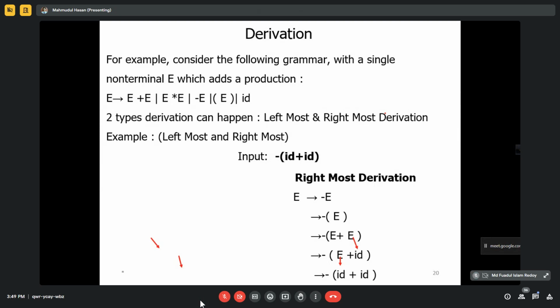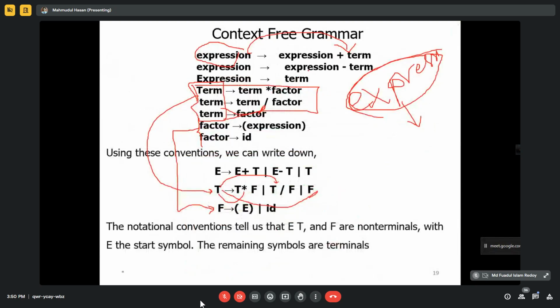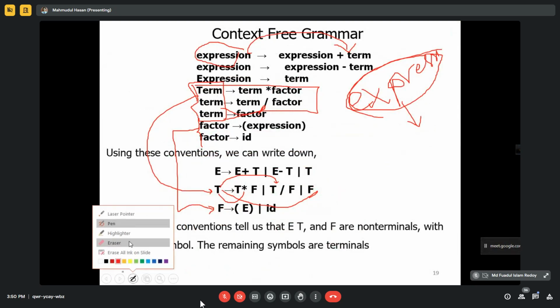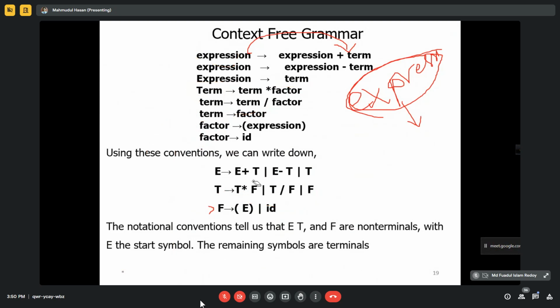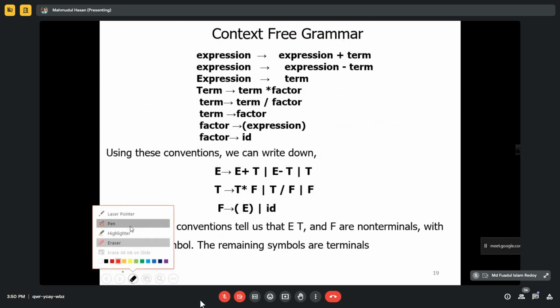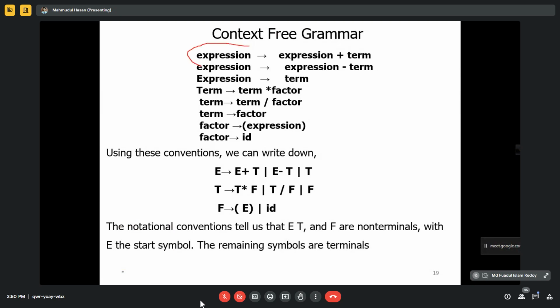So you can replace this non-terminal with a terminal or non-terminal, because you can go from non-terminal to terminal or non-terminal.